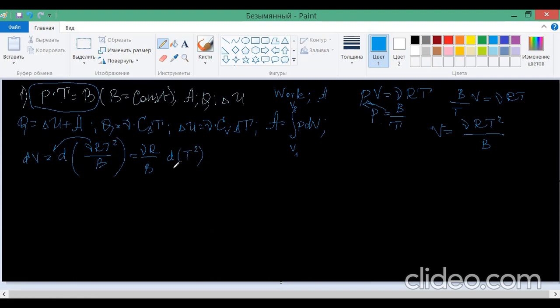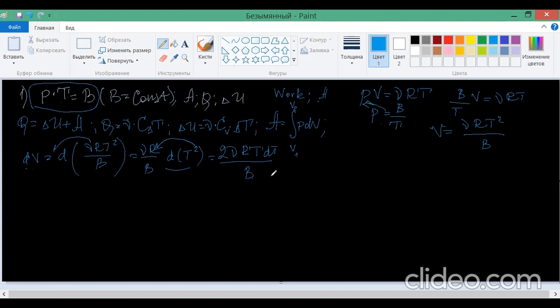We can calculate the differential of T squared very easily: 2 will go here, and we will get finally 2 nu R T times dT over B. This is what dV is equal to.